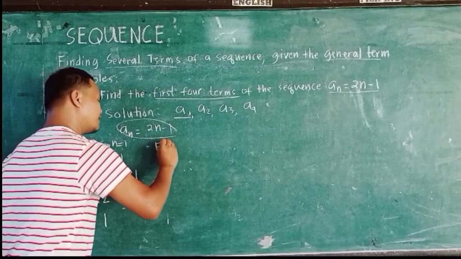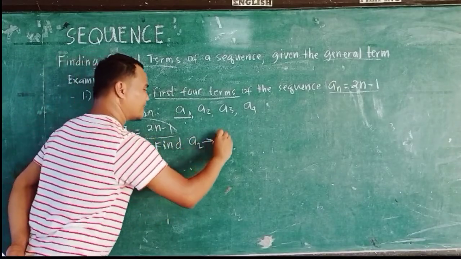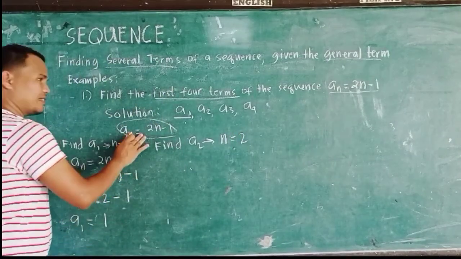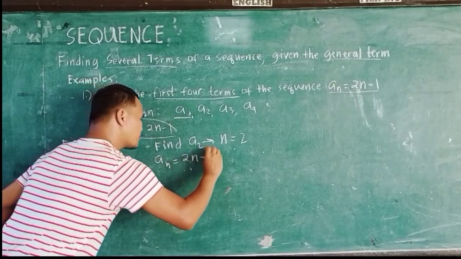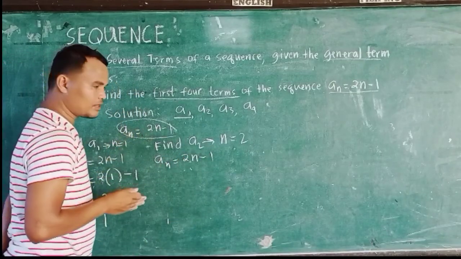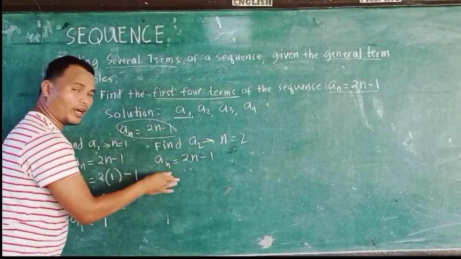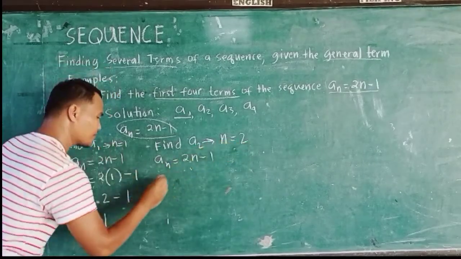Similarly, if we find a sub 2, it implies that n is equal to 2. Using the general term, a sub n equals 2n minus 1, substitute the value of n in our general term. So in this case, n equals 2.